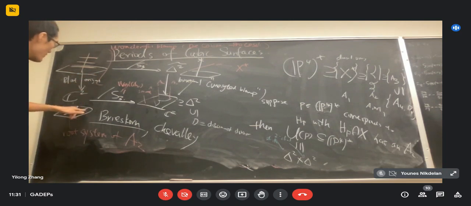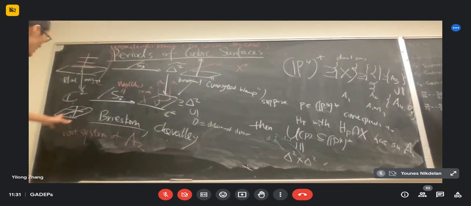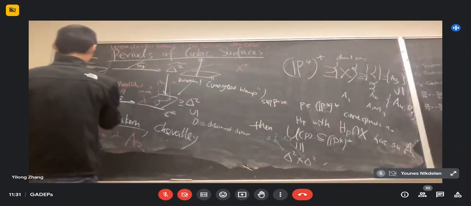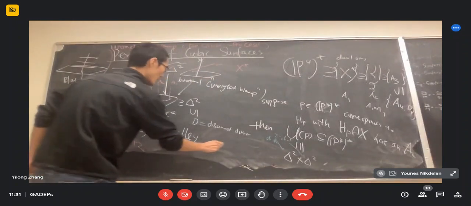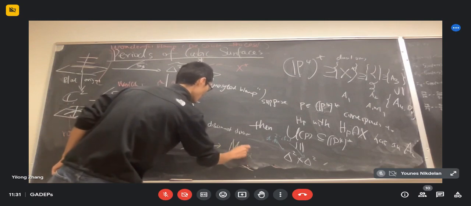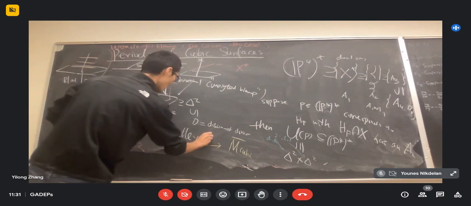So this is going to say we have a holomorphic map from the complement of this divisor to the moduli space, which is only rational.